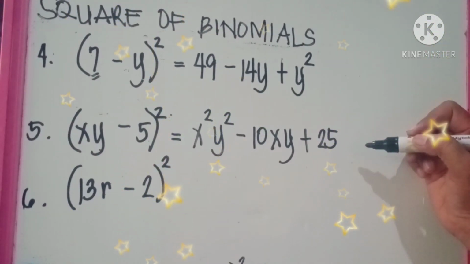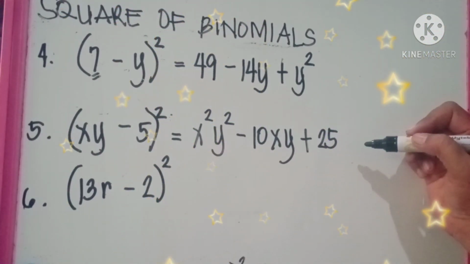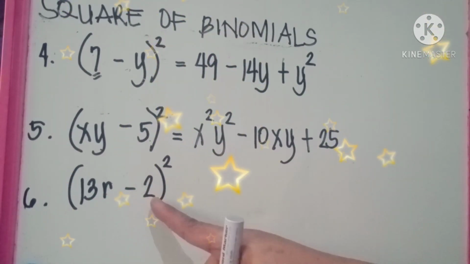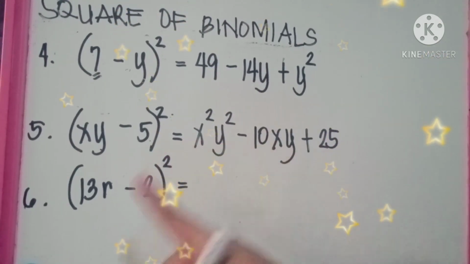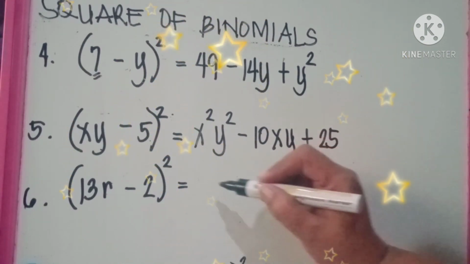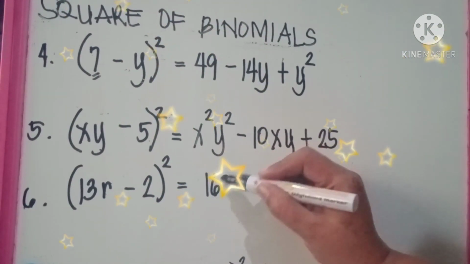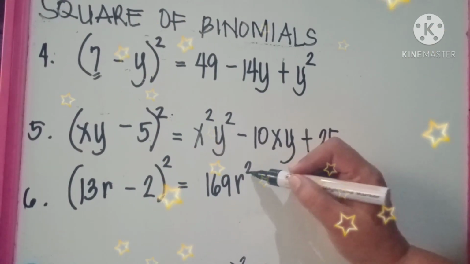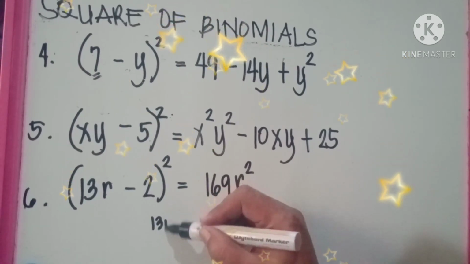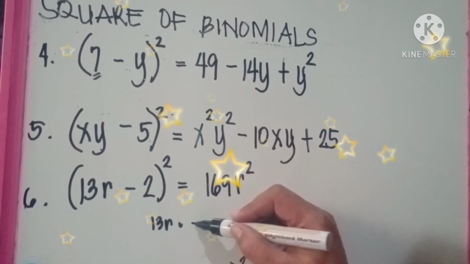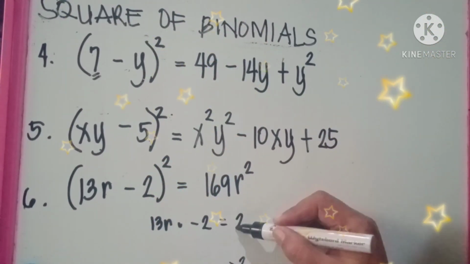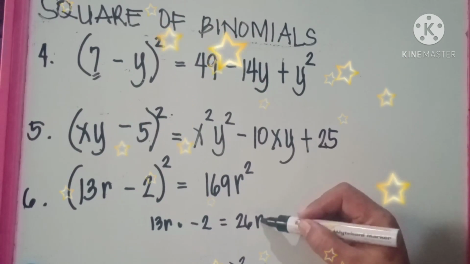And for our last example, we have the square of 13r minus 2. So, this is 13 multiplied by 13 is what? 169r squared. Then, multiply 13r by negative 2. The answer is 26r.